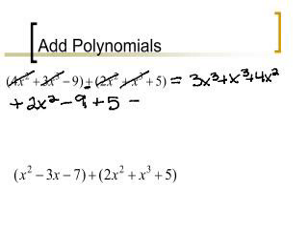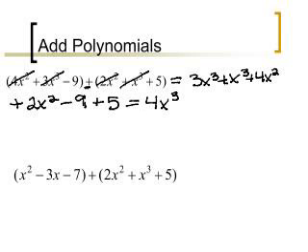So then we will start to add like terms. If we have 3x cubed plus 1 more x cubed, because remember there's that invisible 1 when there's not a coefficient there, that would be 4x cubed. And then we'll look at the squared terms. We have 4x squared and 2x squared.